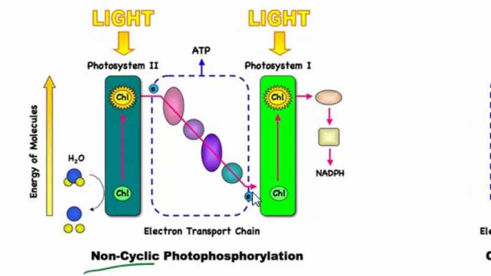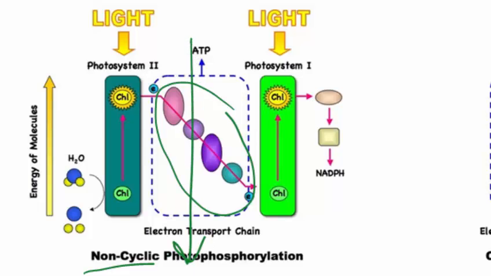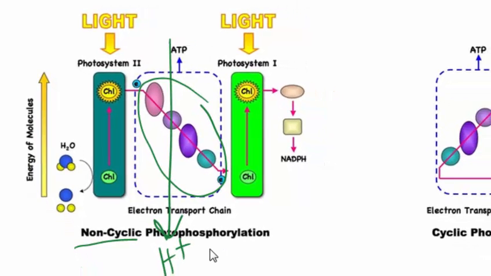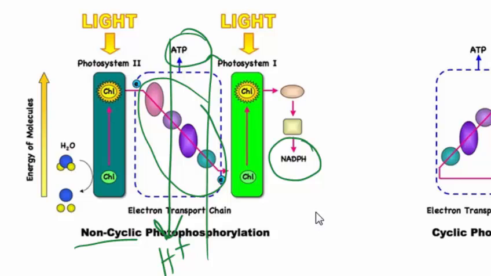The electrons flow through both photosystems, and remember, when the electrons are flowing through the middle, they're pumping H pluses this way. And then the H pluses flow by themselves the other way through ATP synthase and create ATP. The electrons at the end are collected by NADP to make NADPH.